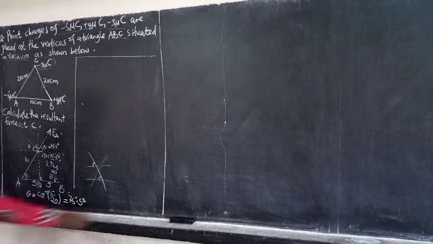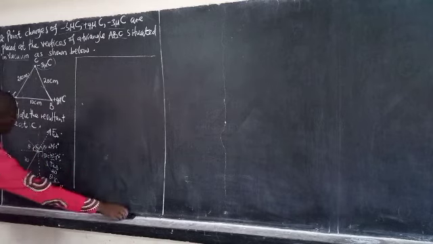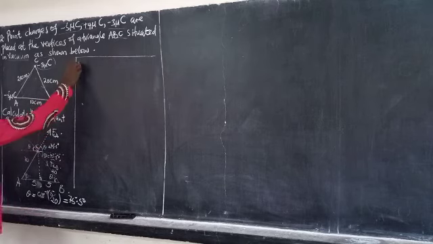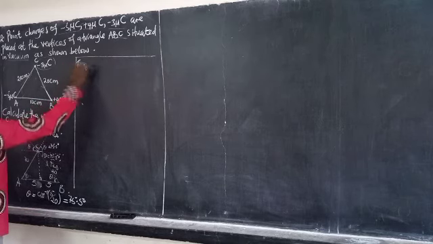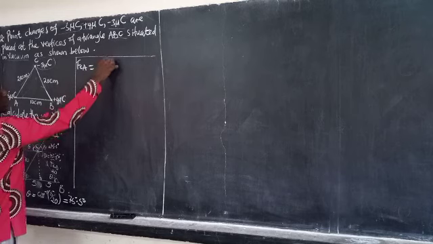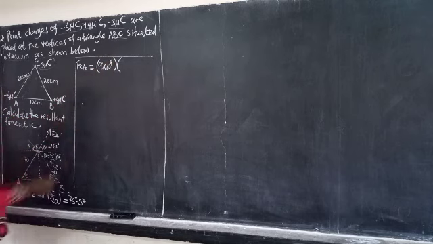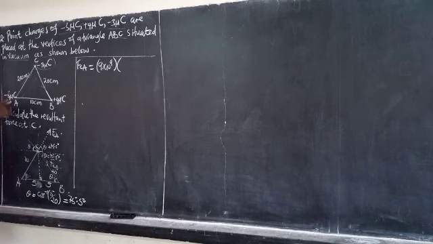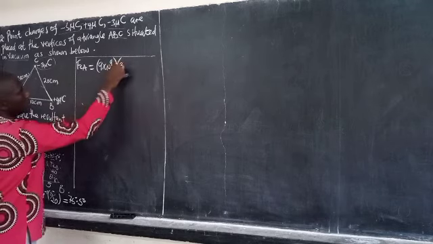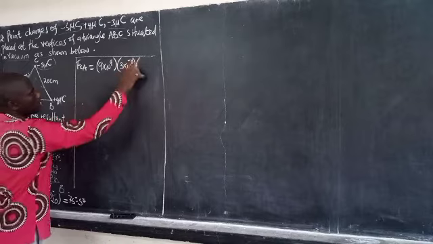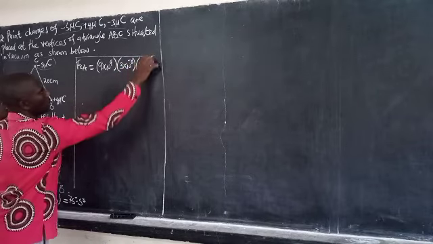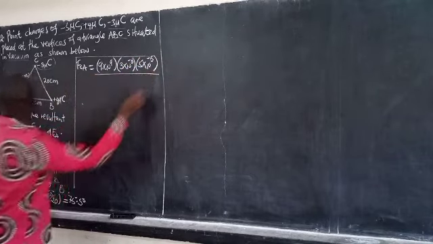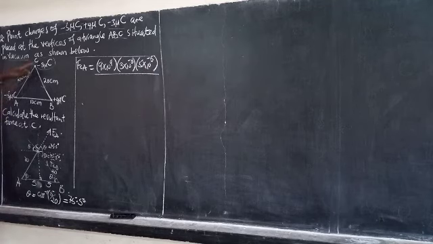So we can move on, and we say the force on C due to A is 9 exponent 9, then the charge at A was 5, then this one is 3 exponent -6, then 5 exponent -6. Then the distance of separation between this and this is 20 centimeters.